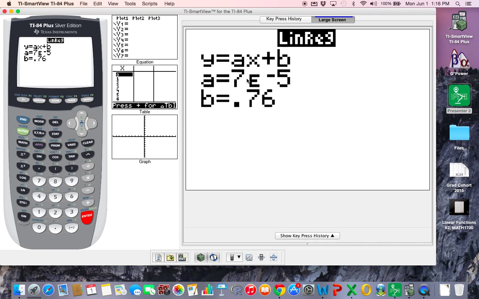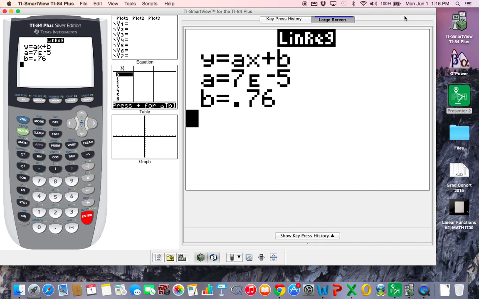It's going to be tempting to just put a 7, but this E-5 says that we have to move the decimal place 5 places to the left. So ultimately what this means is that we're going to have 0.00007 by the time we move this decimal, because the decimal right now is to the right of the 7. Move it 1 time, it comes to the left of the 7. Move it 4 more times. We fill in with zeros.